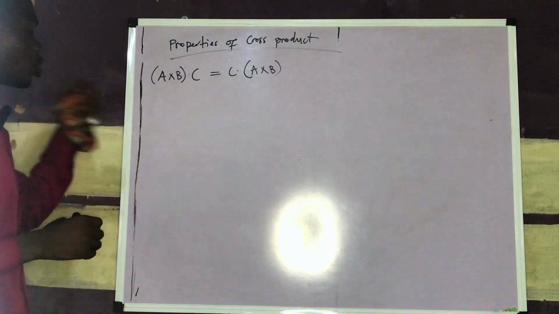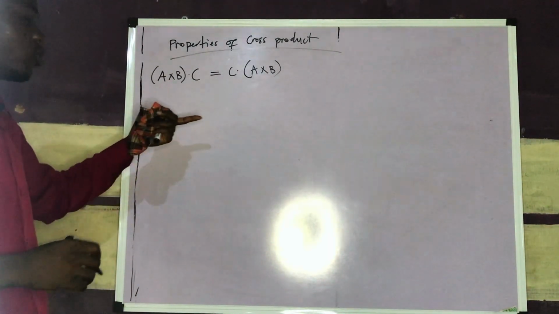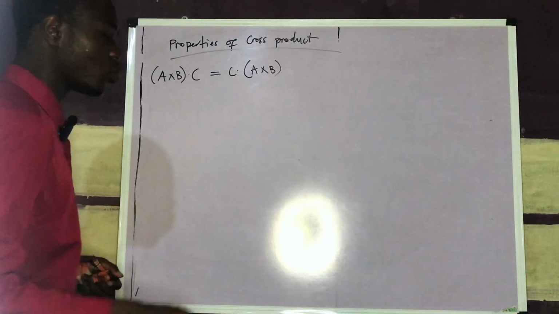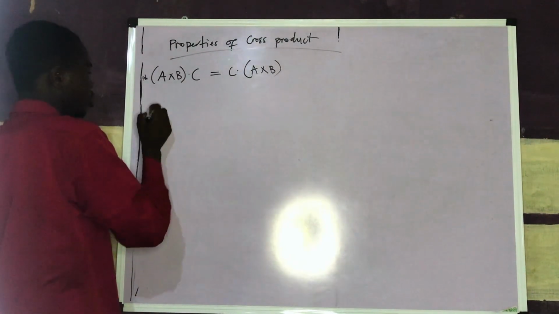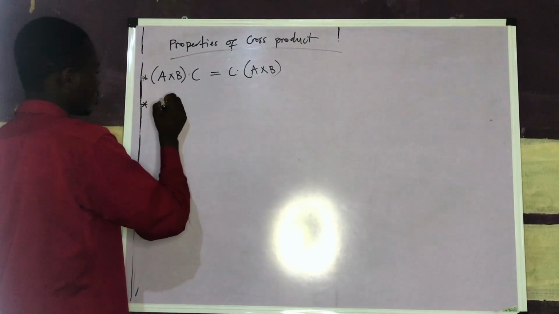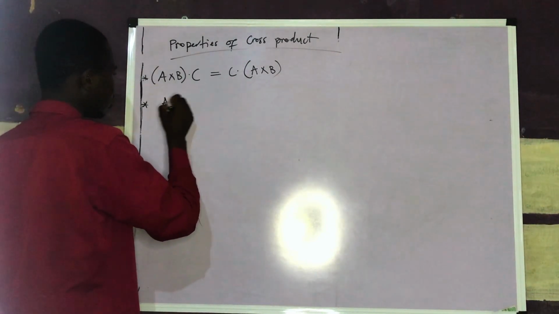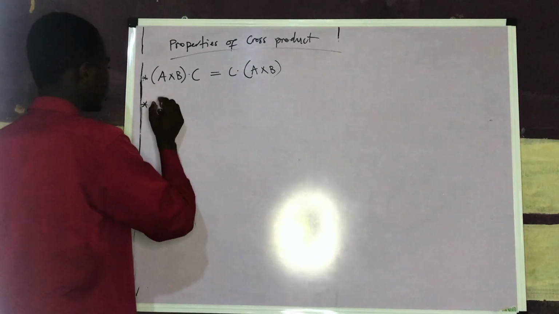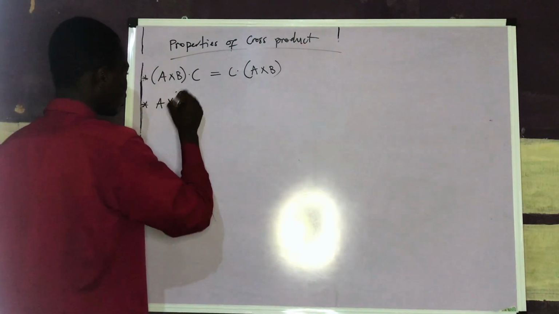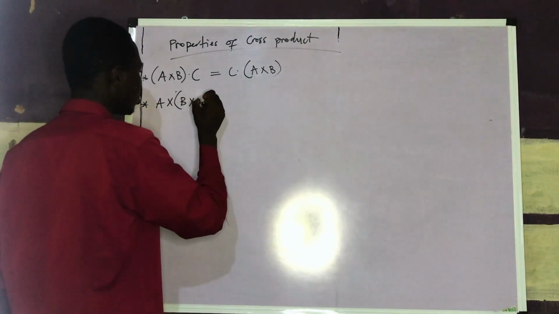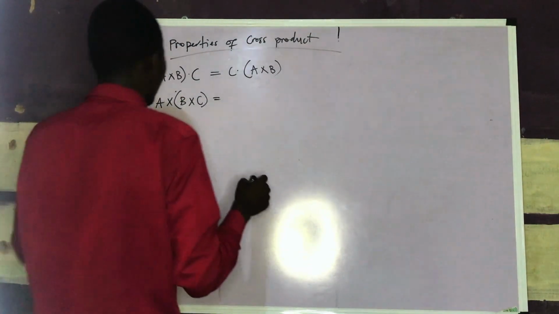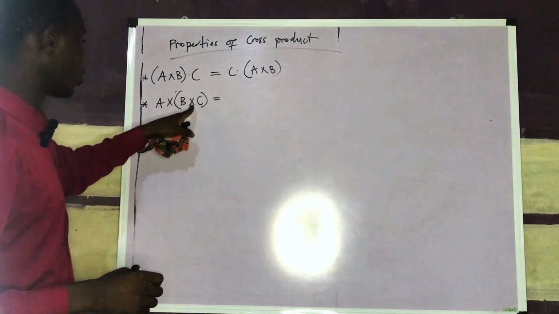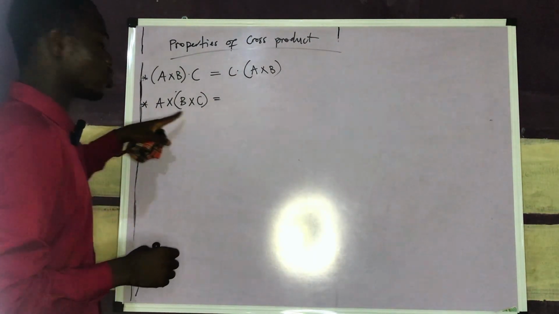They are equal. In some questions, they might give you this type of question. So we know that they are both equal. In some questions, they can give you A cross open bracket B cross C. How are you going to solve this?